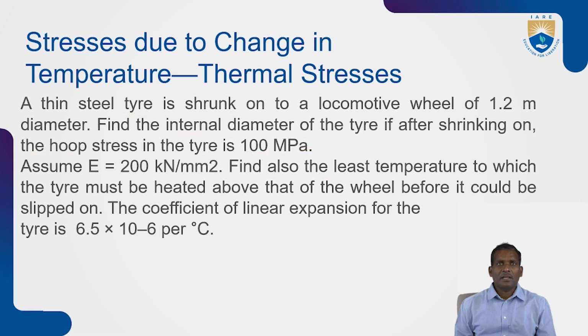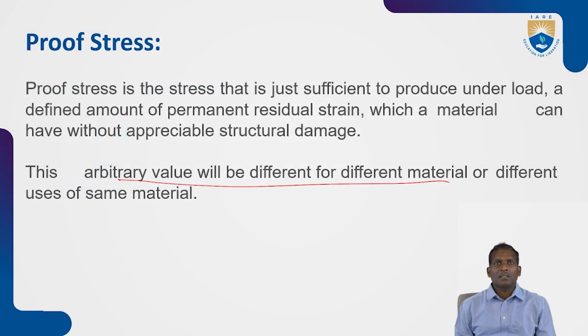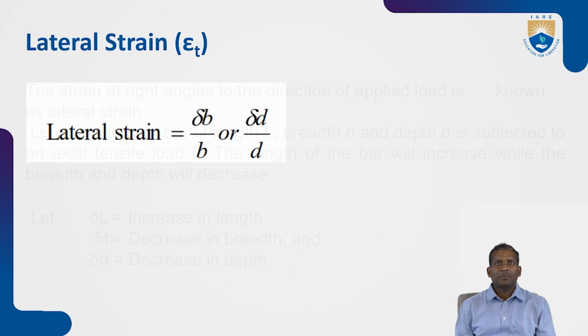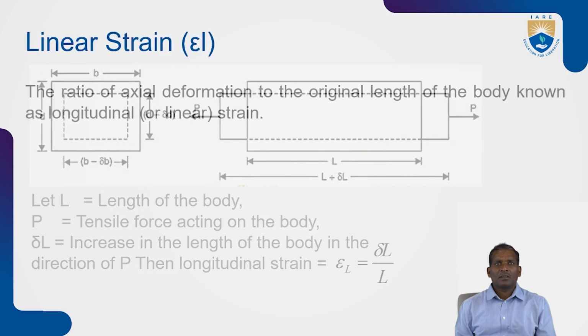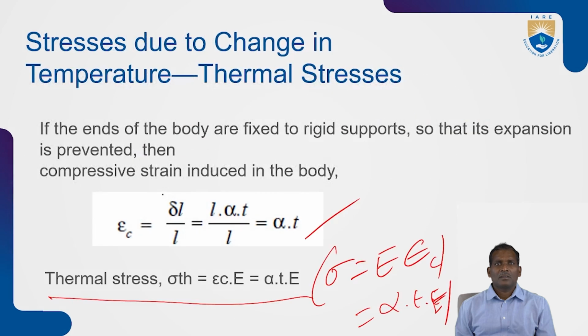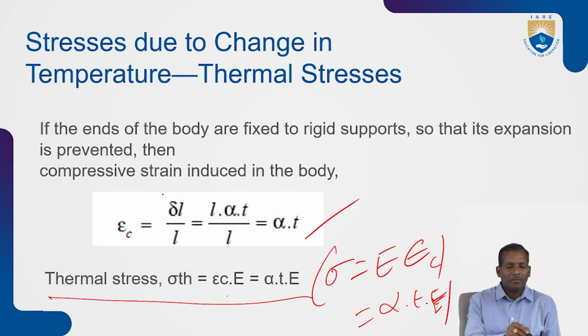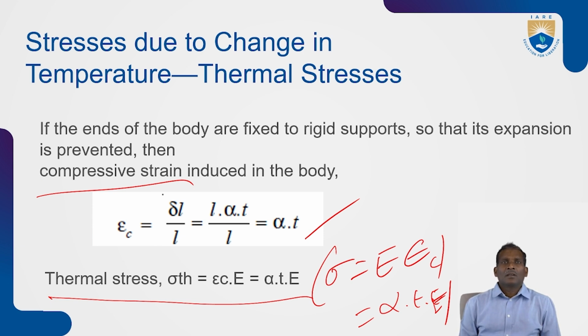So already this condition we have seen in the thermal stress equation. In this, thermal stress is equal to sigma C, the compressive stress. Sigma C is equal to alpha T into E. So if you know the temperature, you can calculate the thermal stress, as alpha is already given.